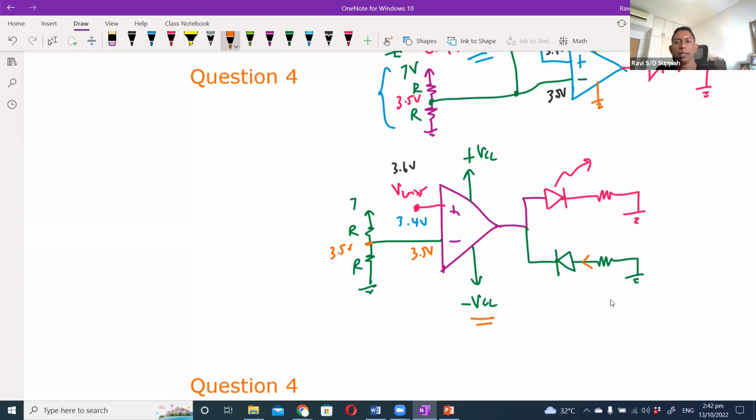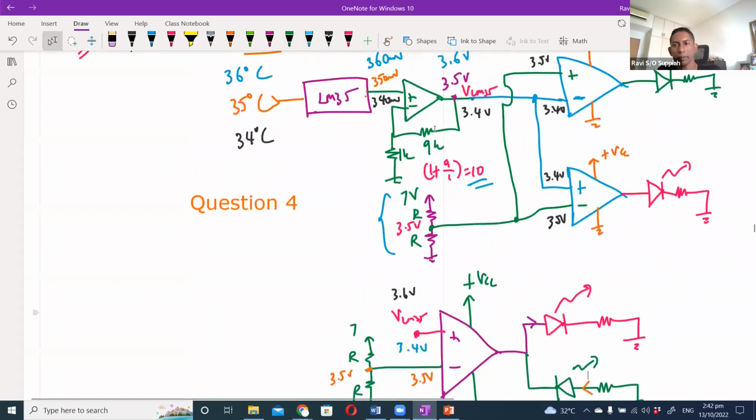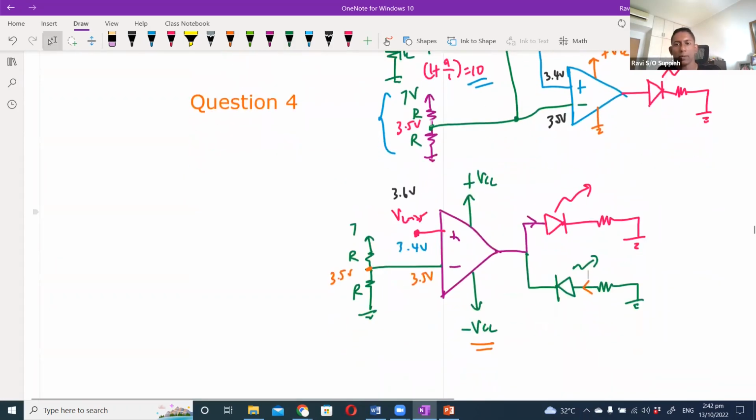When you go to plus VCC, current will flow in the direction of the forward bias LED here and light up the red LED. So that is how you can combine these two op amps into a single op amp solution.